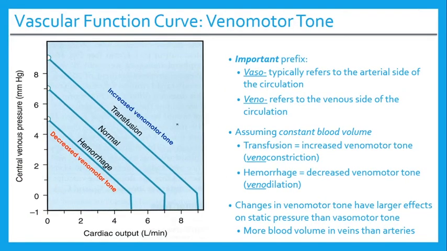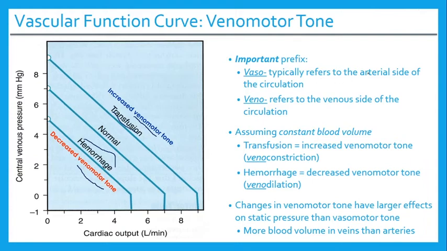Now let's talk about events that could occur within the body that ultimately lead to similar results as changing blood volume, right? So we're going to leave these two terms here, transfusion and hemorrhage, and describe what happens when you change the size of your veins, when you either increase or decrease venomotor tone. And so remember that, throughout the lectures, I've been saying vasoconstriction and vasodilation.